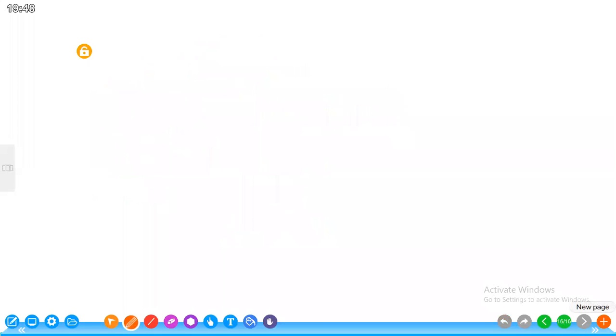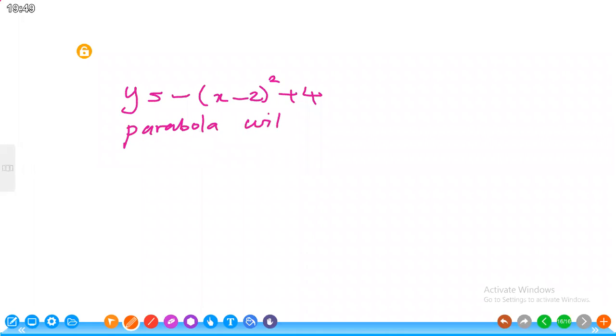Next one, y equals negative (x minus 2) all squared plus 4. First consider the nature of the graph. Here also the graph is a parabola. A quadratic function graph is also a parabola. Here it is a parabola with a maximum because the coefficient of x squared is negative.